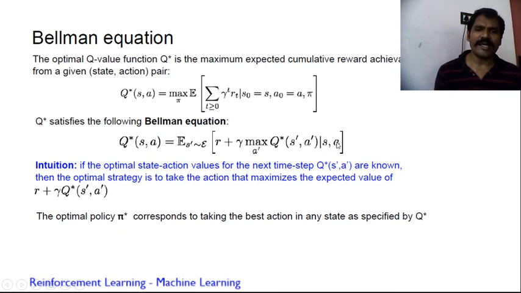For this I want to go with the reward plus the gamma value times the maximum among the possible set of actions. From 2, what are the possible actions that we are going to take? That is what is given through the Q asterisk, which satisfies the Bellman equation.